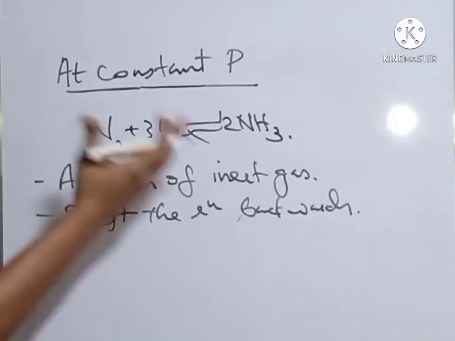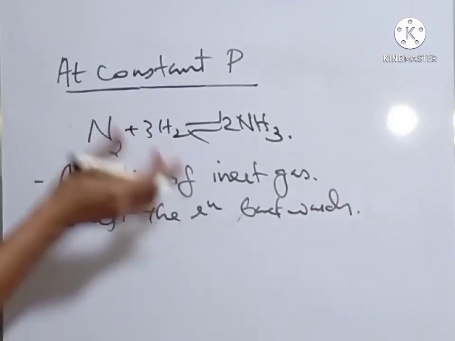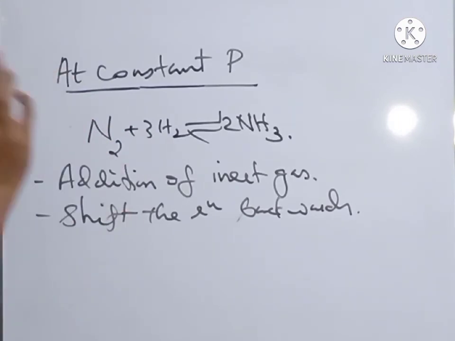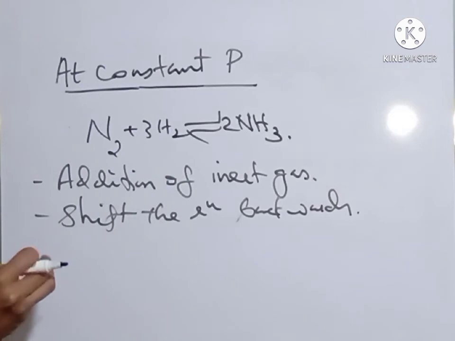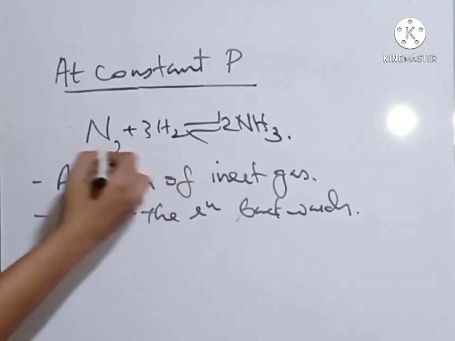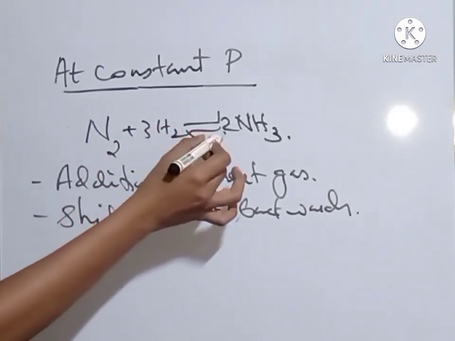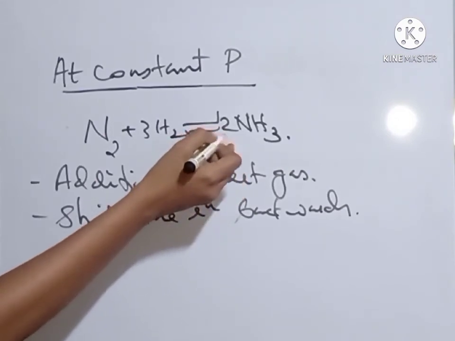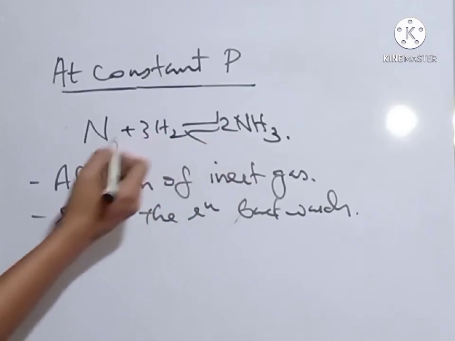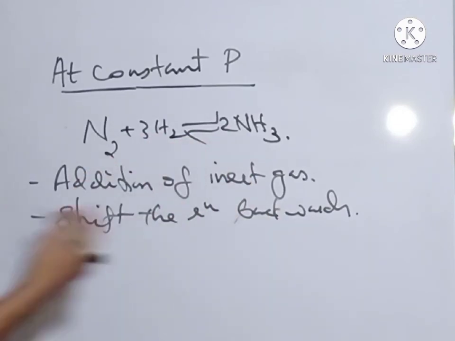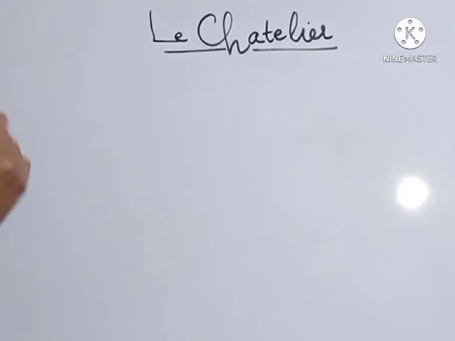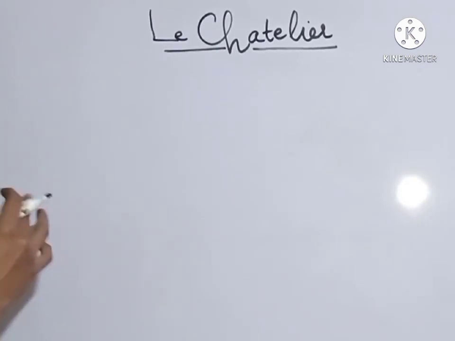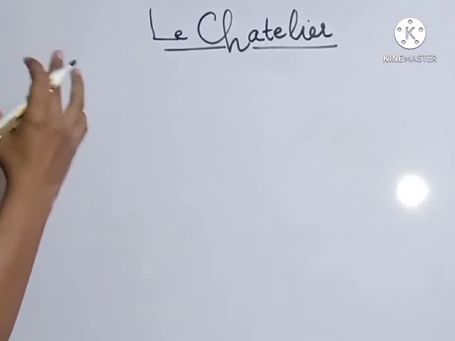That is what we said earlier: the reaction shifts towards the direction in which the number of moles of gases increases. Here the number of moles of gases is 4 and here it is 2. So the direction in which the number of moles of gases increases means from right to left. So the equilibrium shifts backwards.